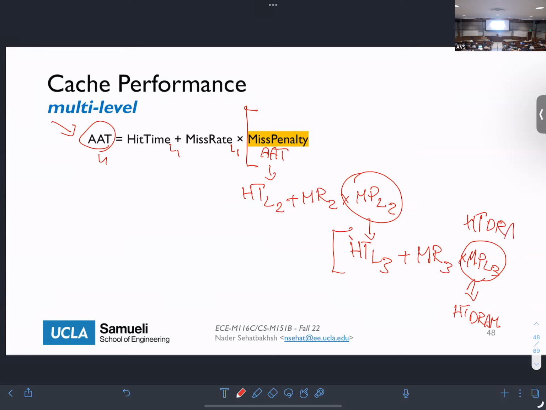If you combine these together, you get the average access time of your multi-stage cache system. Is that clear?